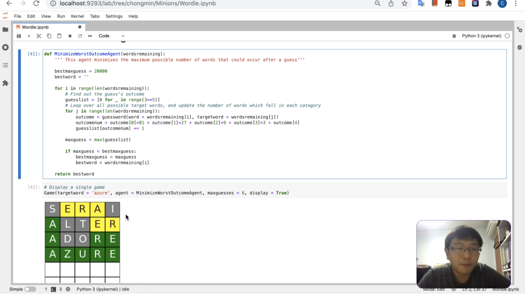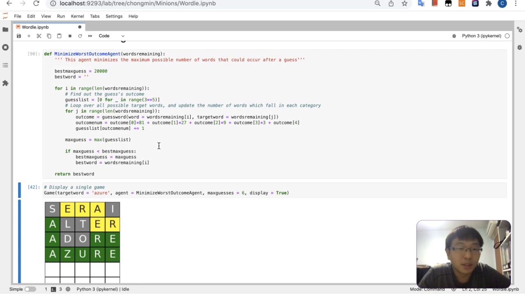So we try to bin them into all the possible states, and then we take the maximum of this. So this means that if you are very very unlucky, this is the number of words that are left in your list. So we basically try to choose the guess that will minimize the number of words left. So let's try it out.